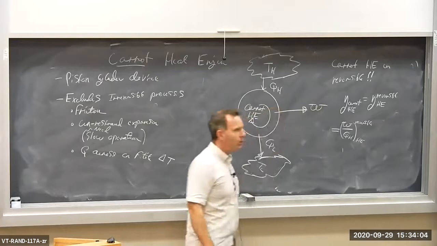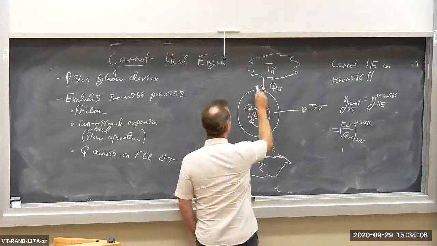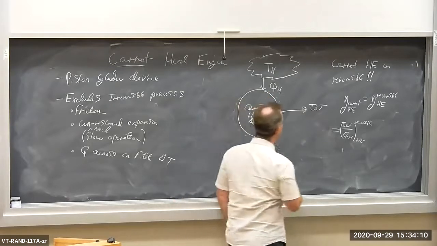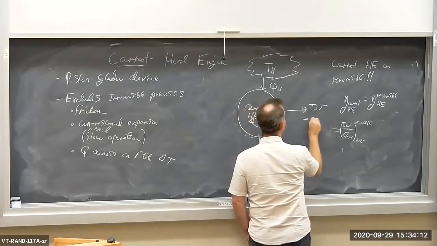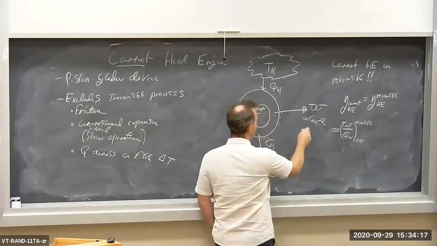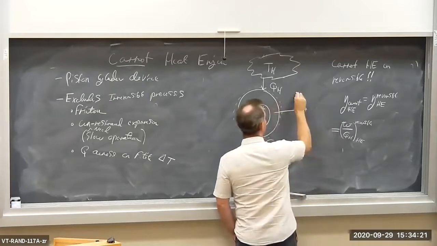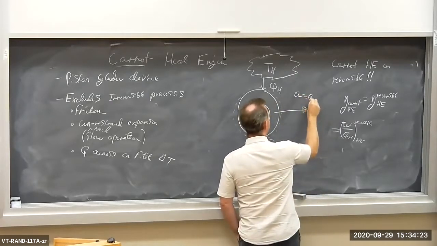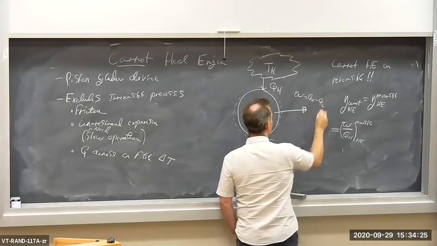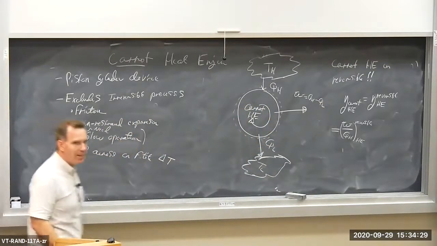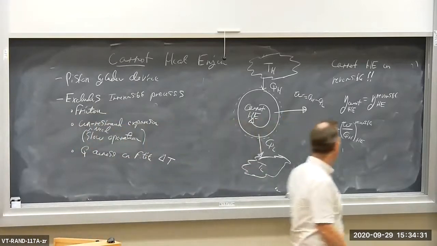If we apply an energy balance to the Carnot heat engine, we find that the work over the cycle is equal to QH minus Q low. Okay, so that's the work. Work equals QH minus Q low over the cycle, because delta E is equal to 0, so heat is equal to work over the cycle.